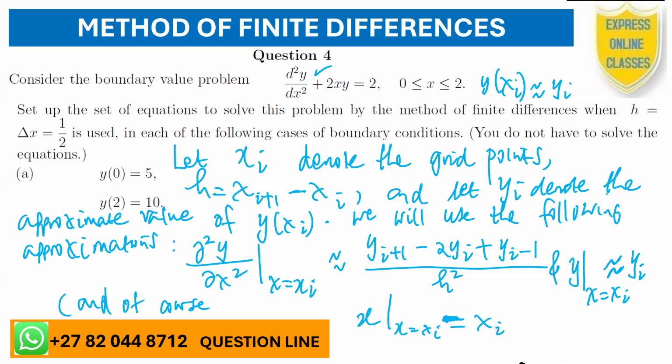In other words, whenever we have an x determined at x equals xi, we call it xi, or x subscript i. Let's get started with our careful examination of this problem.